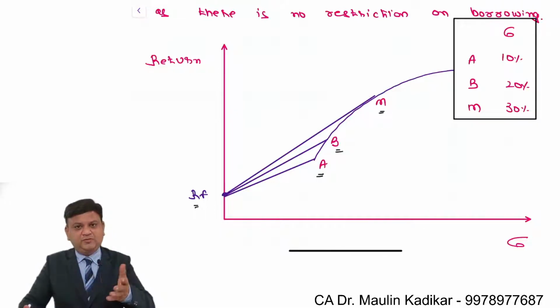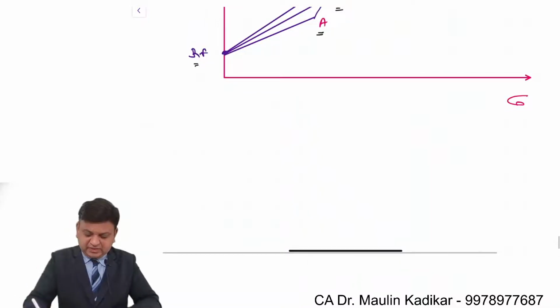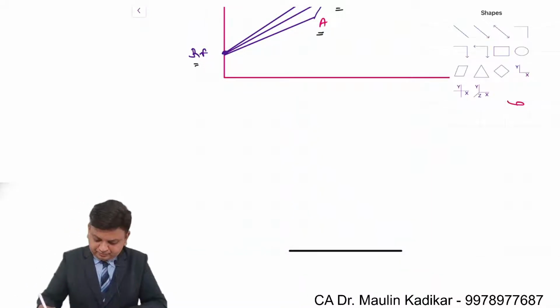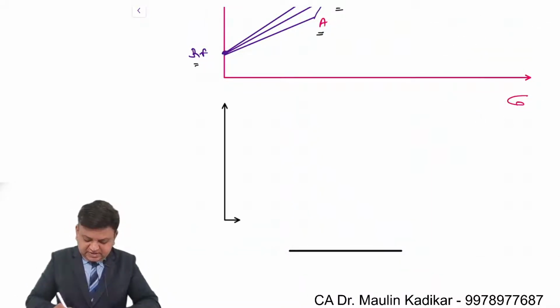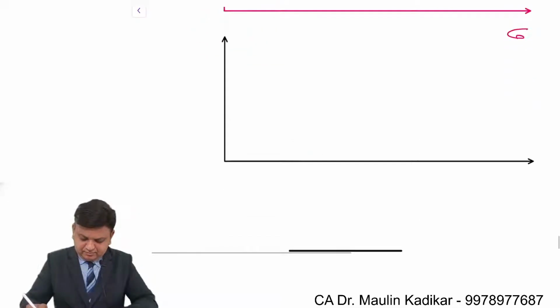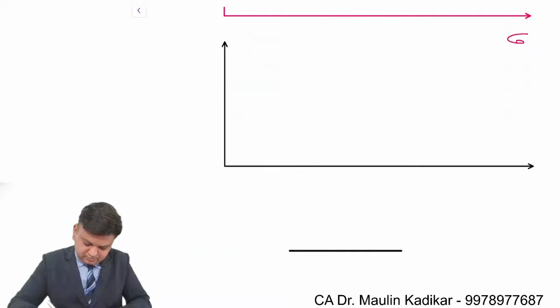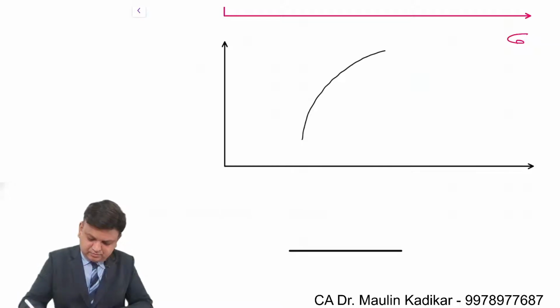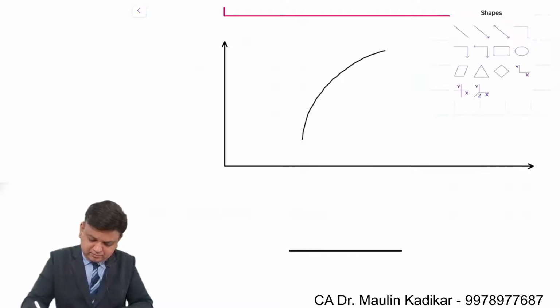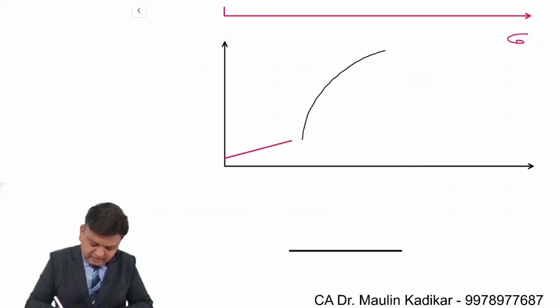Now my question to all of you is something like this. Before I proceed further, just giving you one more explanation. In this diagram, this is portfolio A and this is RF.